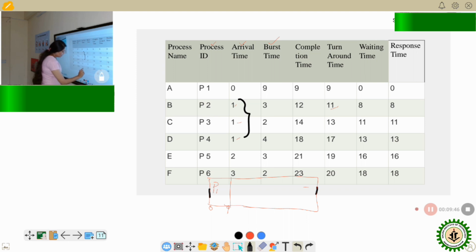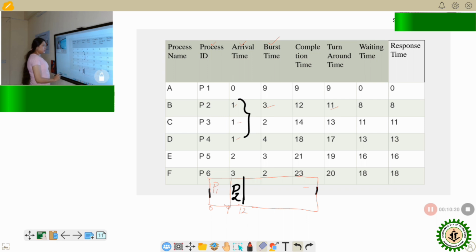Then we are selecting P2 after 0 to 9. Sorry, it should be 12, as its burst time is 3.